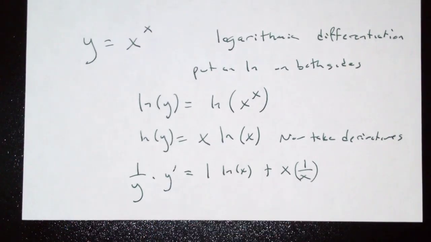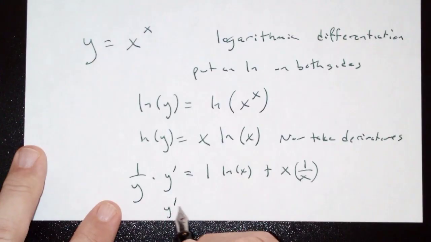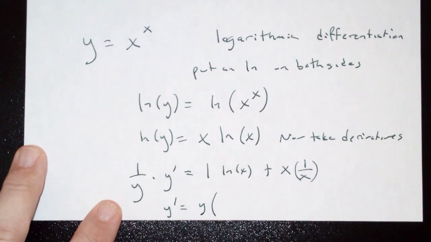Since my goal is to figure out what y prime is, I just have to move the y to the other side. Y prime is y times this stuff. Wait a minute. 1 times ln of x is just ln of x. What's x times 1 over x? Just 1.